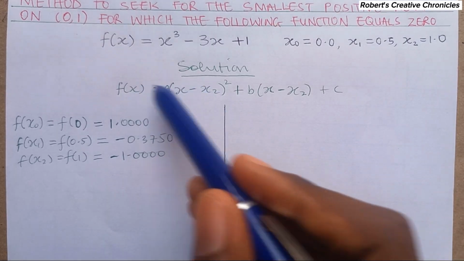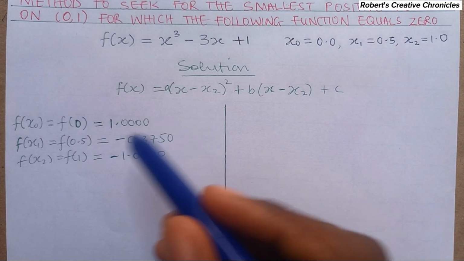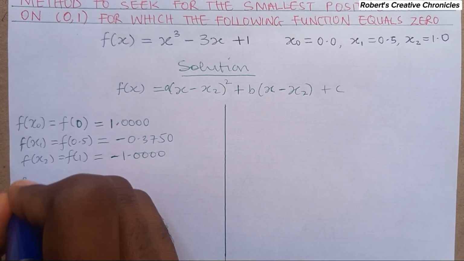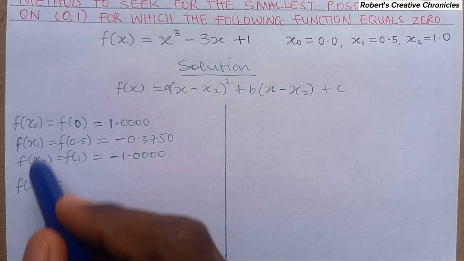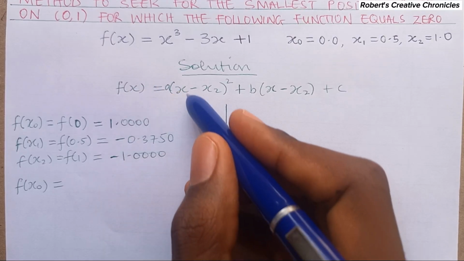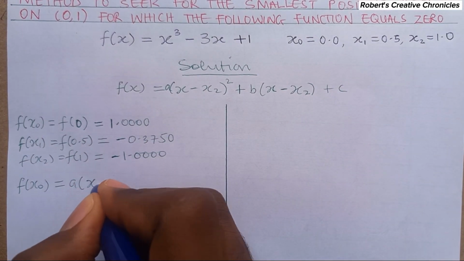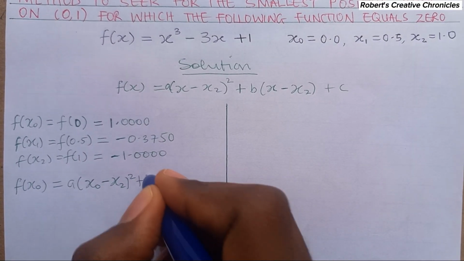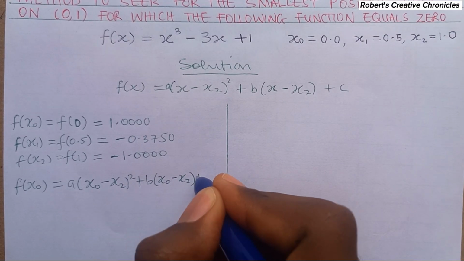We will now apply this quadratic formula. This f(x0) will become: we'll substitute x0 into this. Instead of anywhere we see x, we will write x0. So it will be a(x0 minus x2) squared plus b(x0 minus x2) plus c.